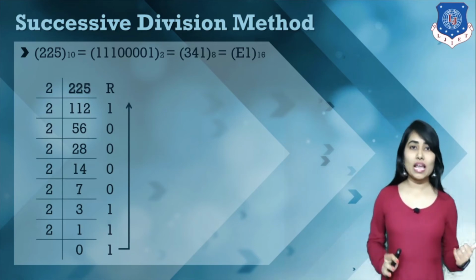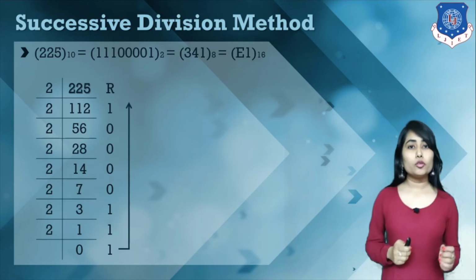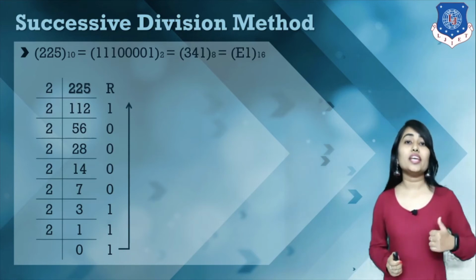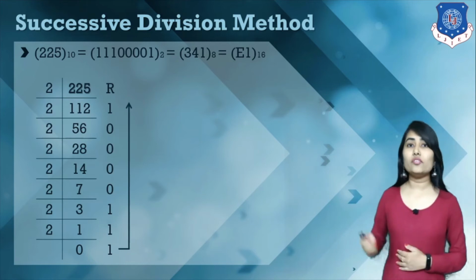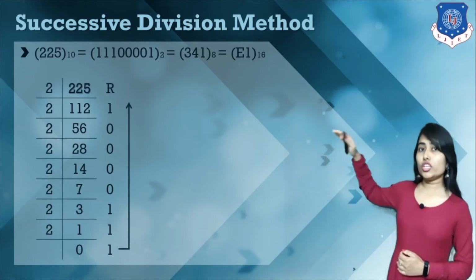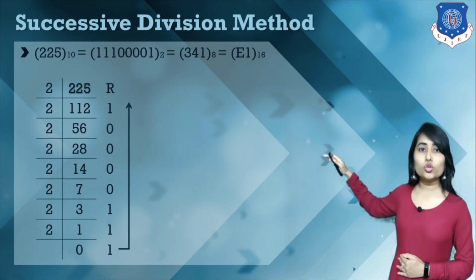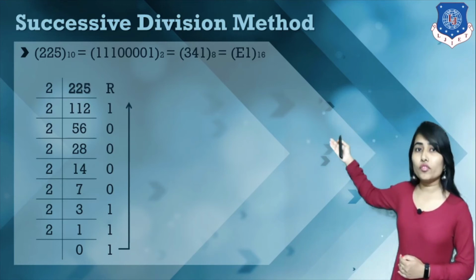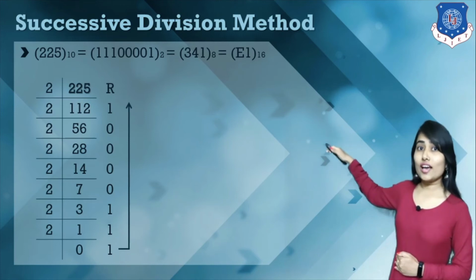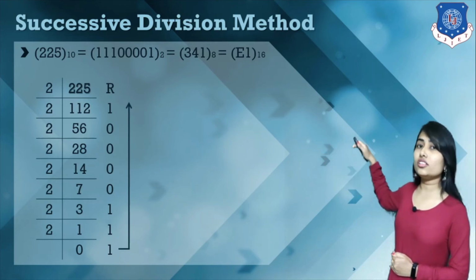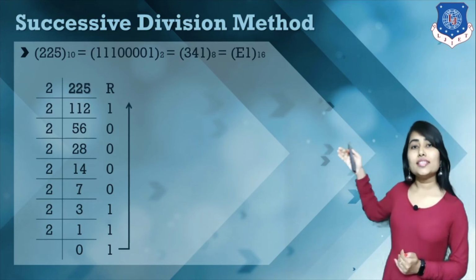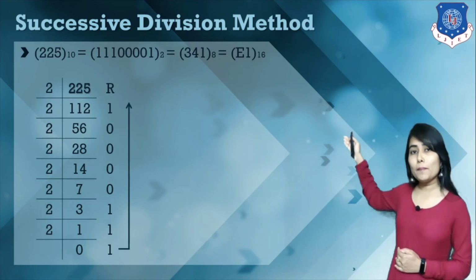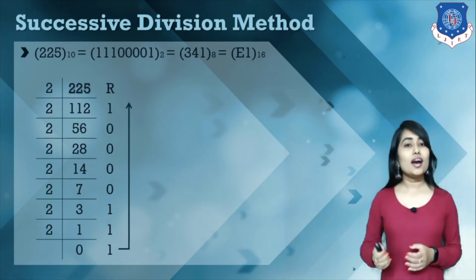Using this manner we can write this decimal number in binary format. Here we divide 225 by 2, so we have 112 and the remainder 1. Then again we divide 112 by 2, so we have 56 and the remainder 0, and successively we divide the number, and from bottom to top we write our answer bits.